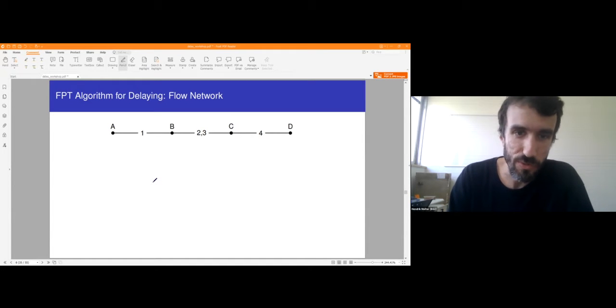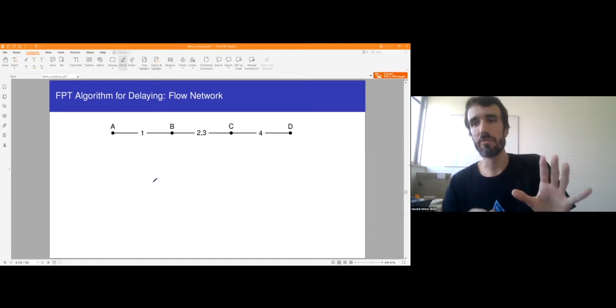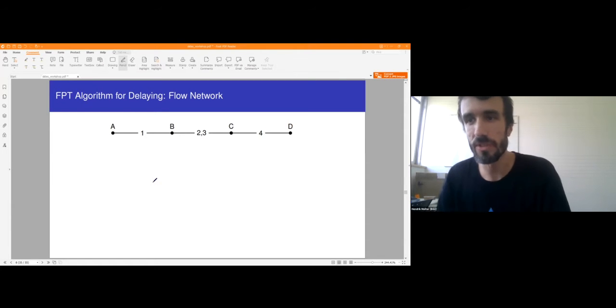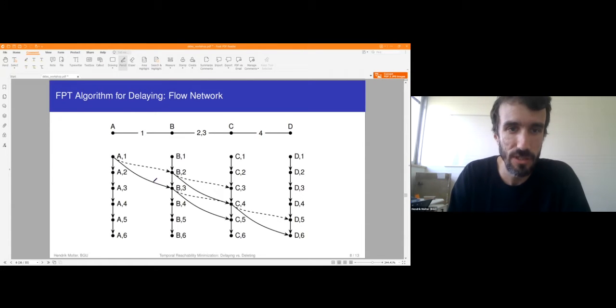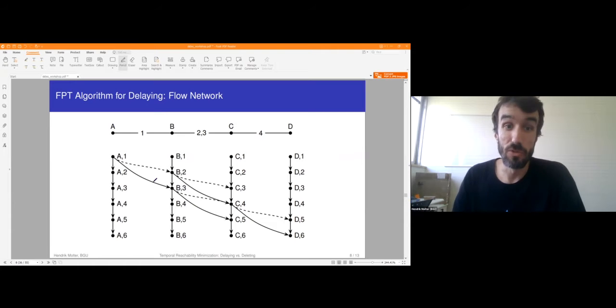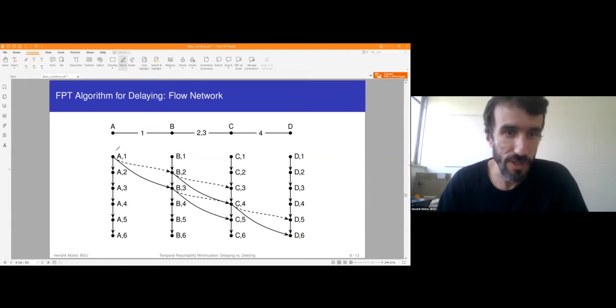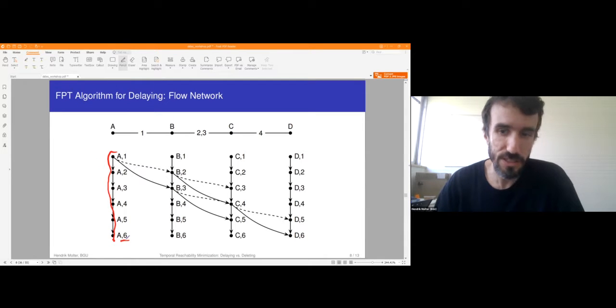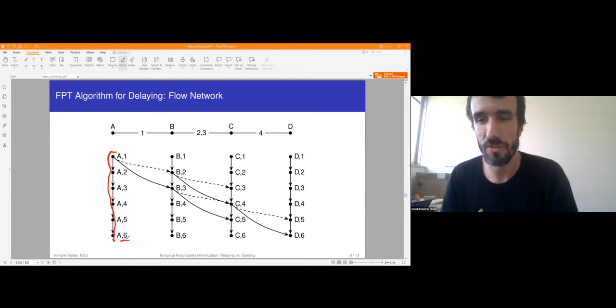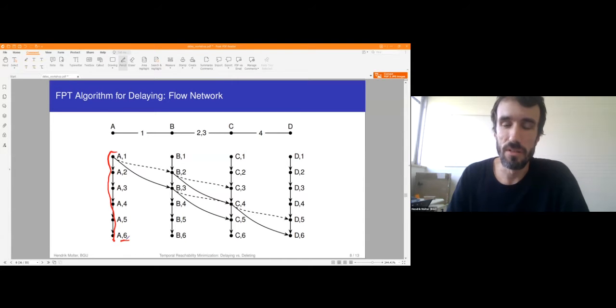And what we do is we transform this into a static graph, which looks a little bit like what is sometimes called a static expansion. So it looks like this. For every vertex, we create these paths here, which have length, in this case 6, but it depends on the last relevant time step, essentially.